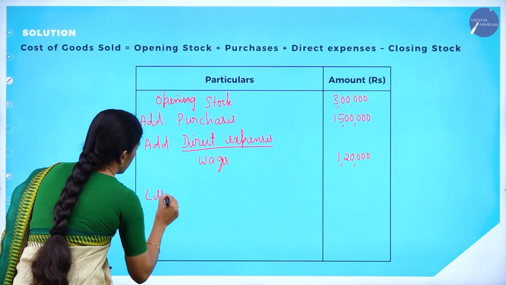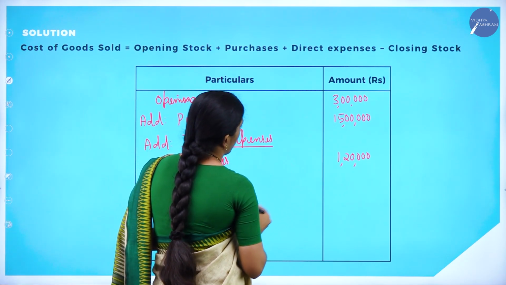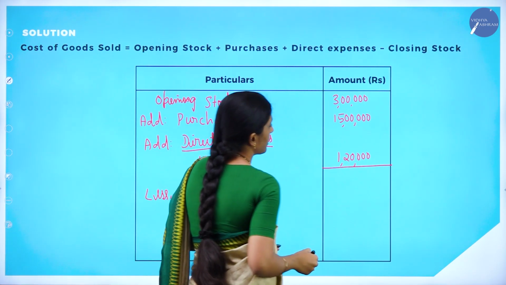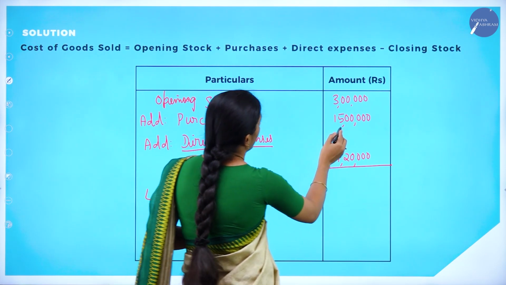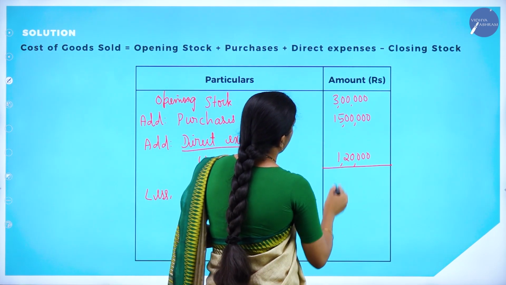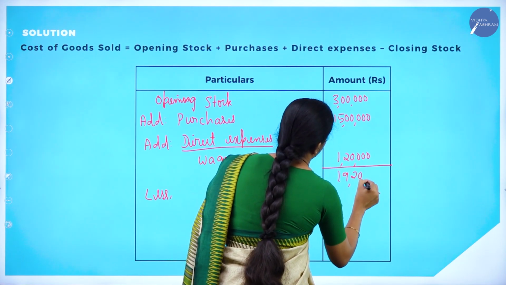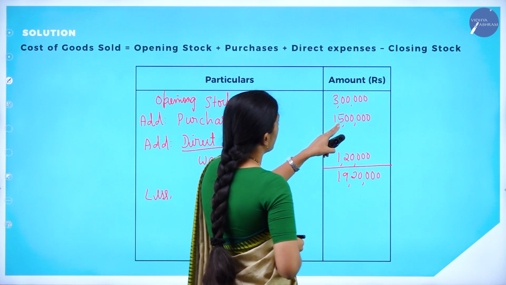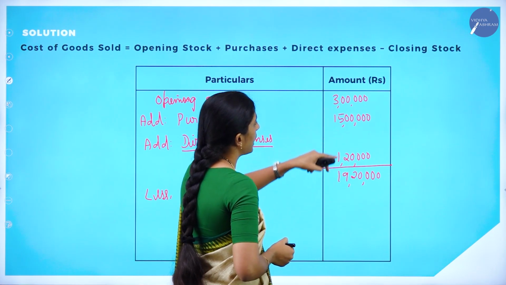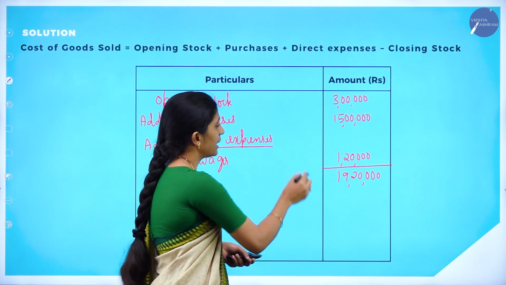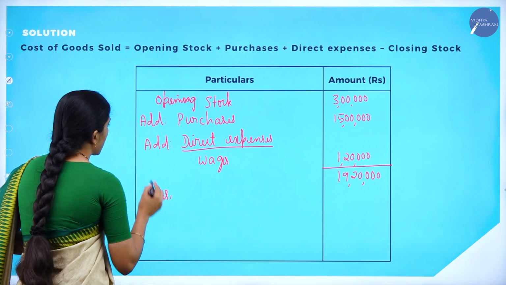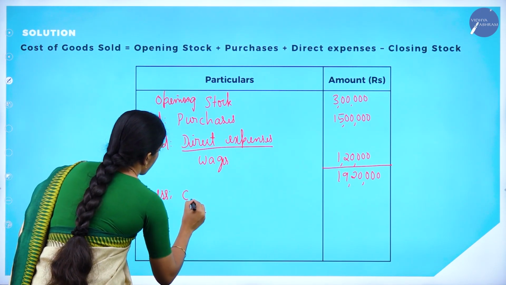How much will you get if you add all these? 15 lakh plus 3 lakh is 18 lakh, plus 1,20,000 is 19,20,000. So let's check whether it is correct. 19,20,000, less closing stock.